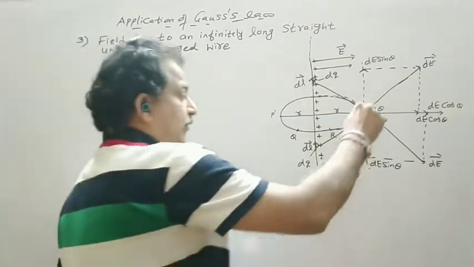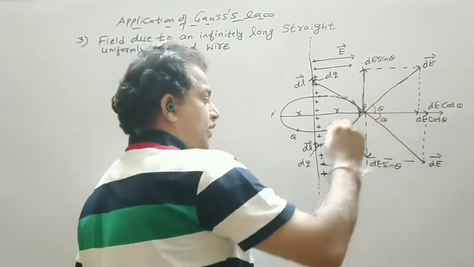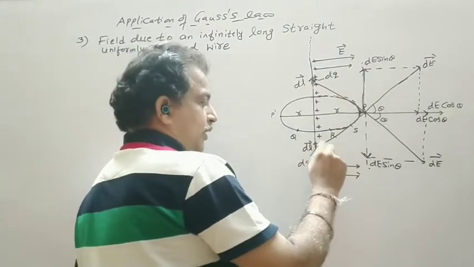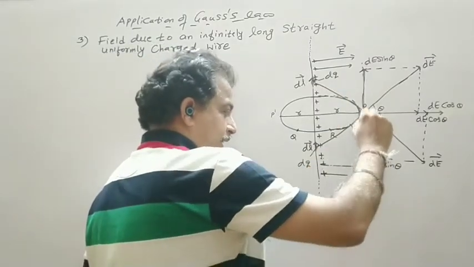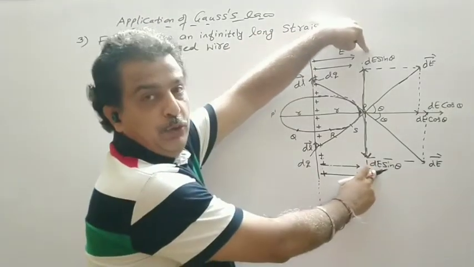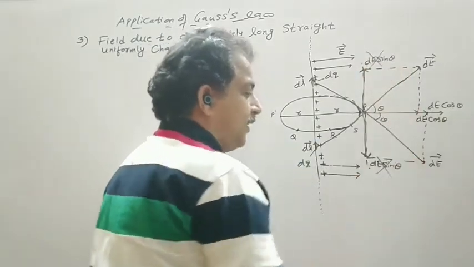Now, if you see this component, its magnitude is dE sin theta, that is due to this element. For this element, it is again dE sin theta. Both have the same magnitude but opposite direction. So this sin component cancels.